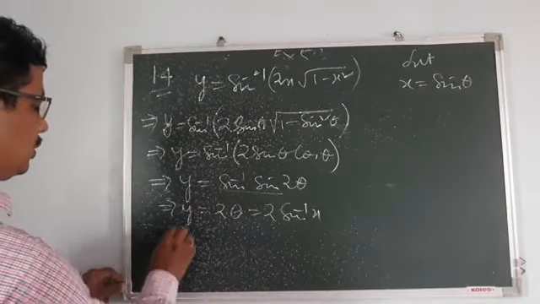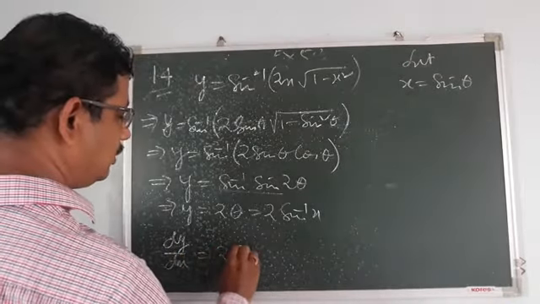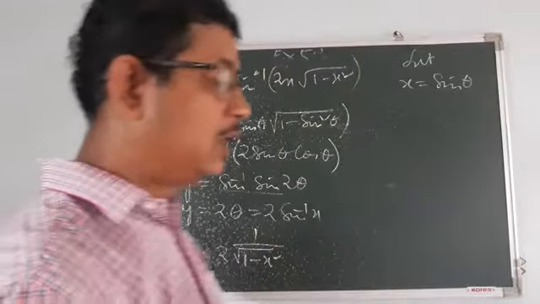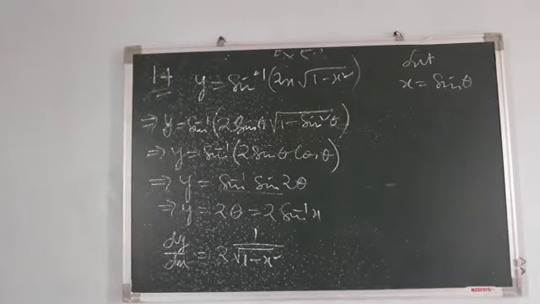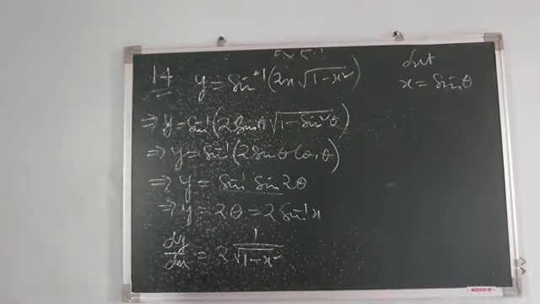If we differentiate, dy dx will be 2, and this is what? 1 by root over 1 minus x square. So it is the value of that differentiation. Yes, I again want to repeat this one. X is here replaced by sine theta.